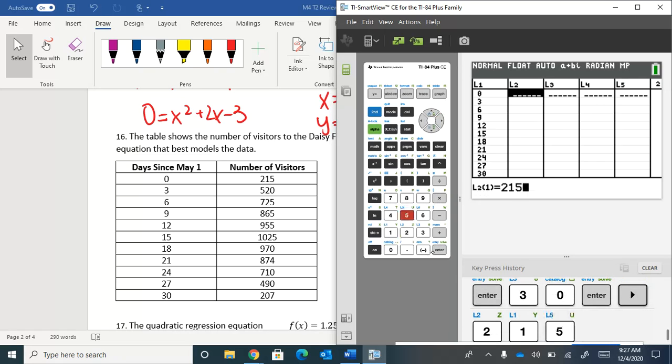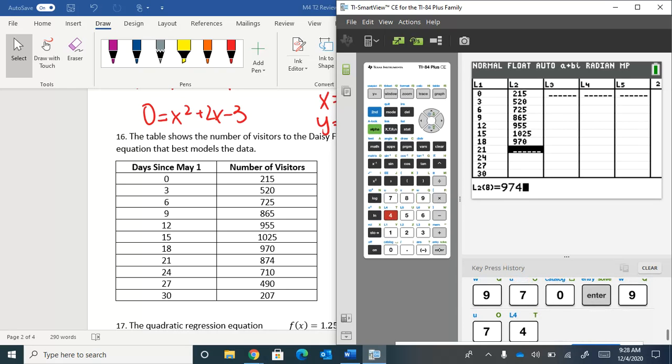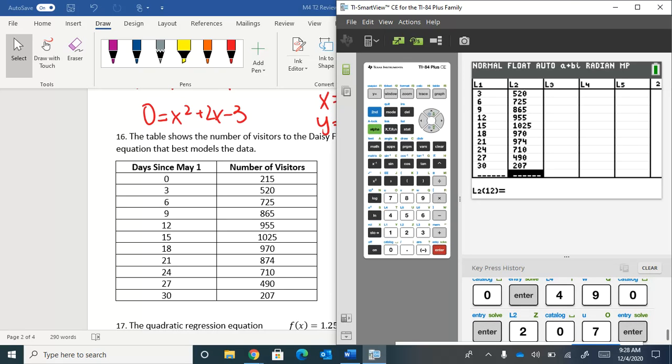So 315, or 215, sorry. 520, 725, 865, 955, and 207.